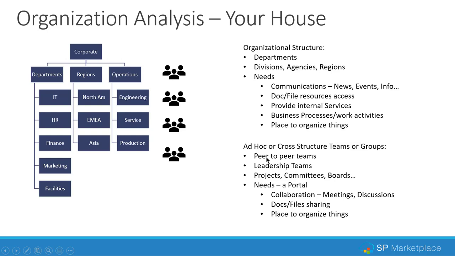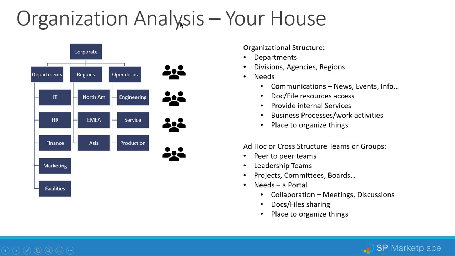So there are things like leadership teams or projects or committees and boards and so on. Theirs is really more collaborative in nature, meetings and discussions. Now, you still have collaborative things within the functional groups, because IT itself is a team. But this is more around peer-to-peer sharing as opposed to an operational function.